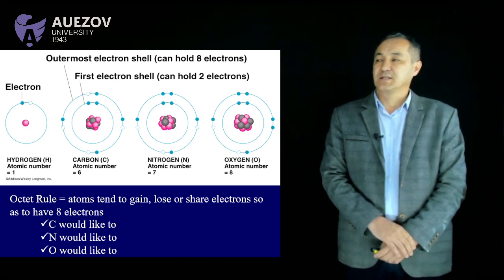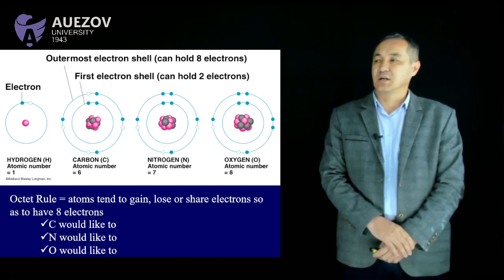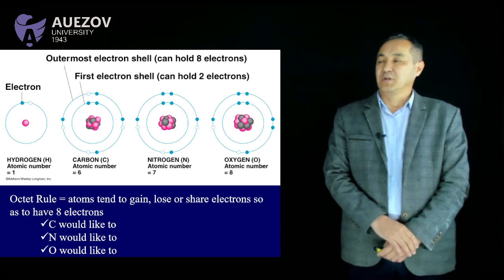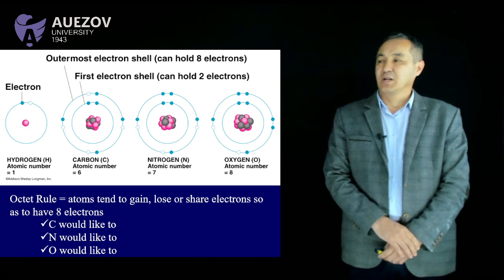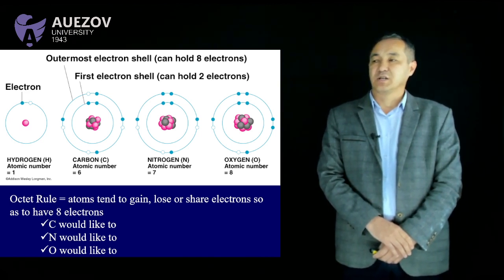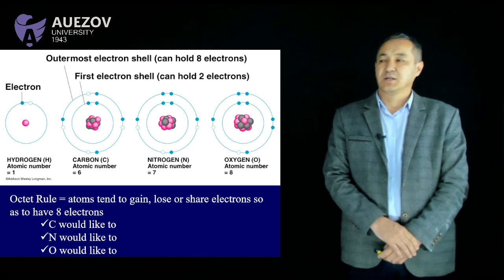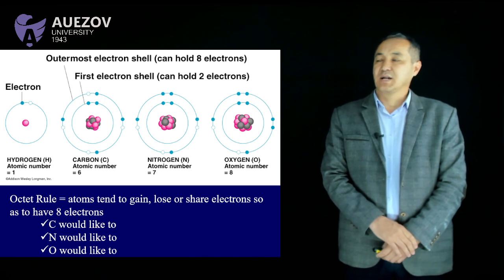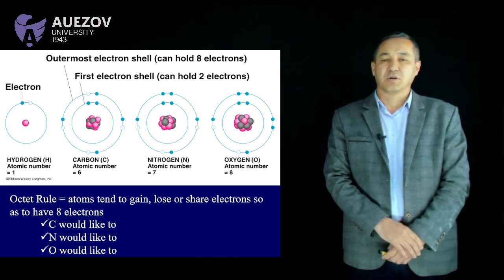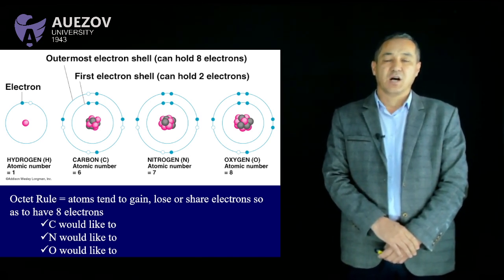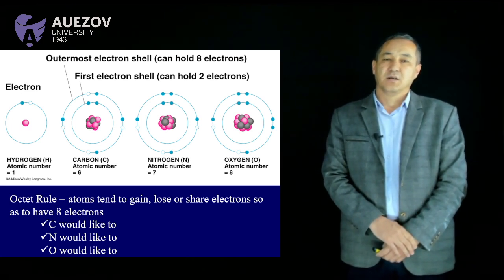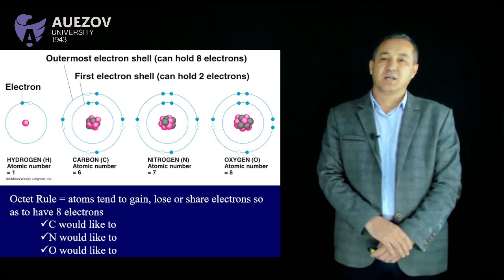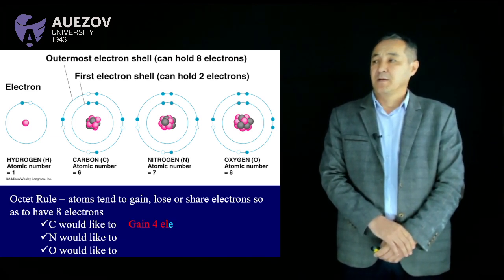On the next slide you can see an example for this situation: hydrogen, carbon, nitrogen and oxygen elements. They consist of electrons placed according to their chemical properties and place in the periodic table.